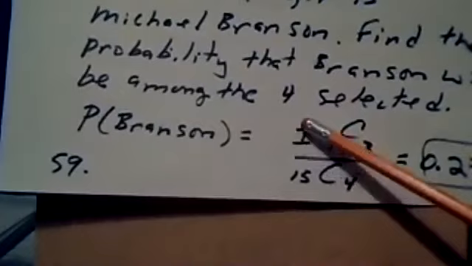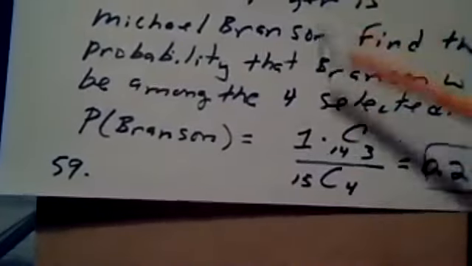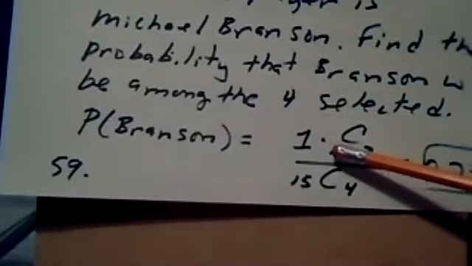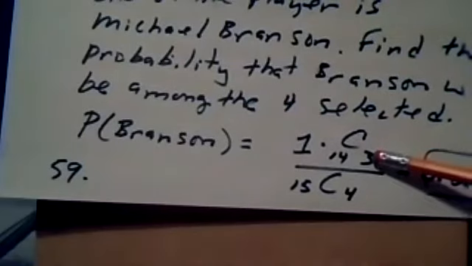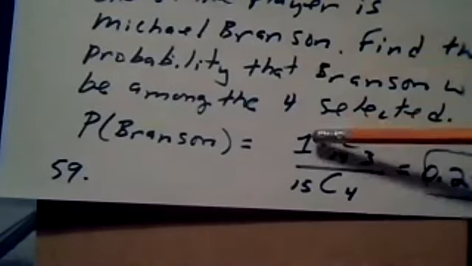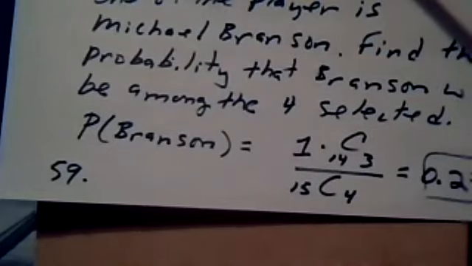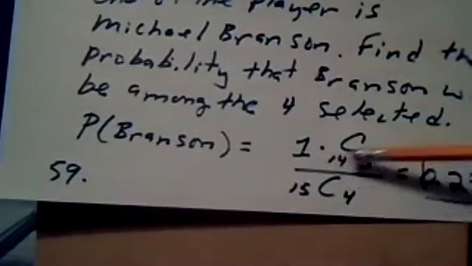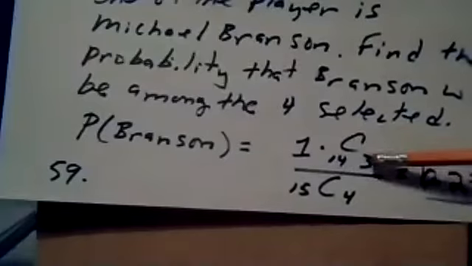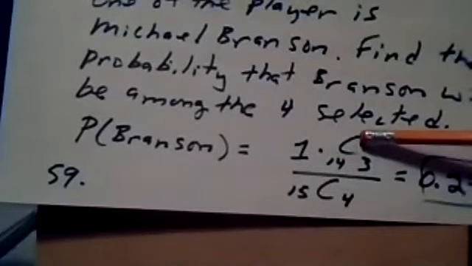So now from the 14 that are left, form groups of 3. Branson is 1, and then 3 more, that's a group of 4. This is how many ways you could choose a group of 3. This will count this for you.